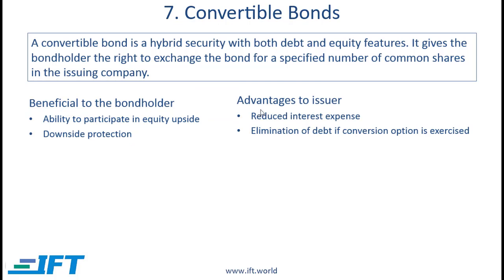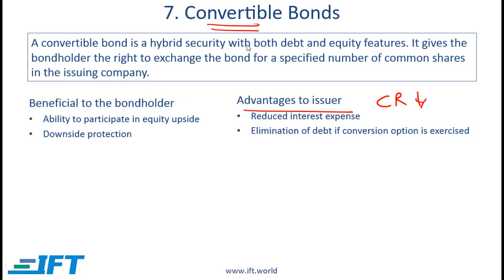The convertible bond also has some advantages for the issuer. It reduces interest expense. What this means is that an issuer can pay a lower coupon rate for a convertible bond. Lower rate because the issuer is giving the investor this conversion option.